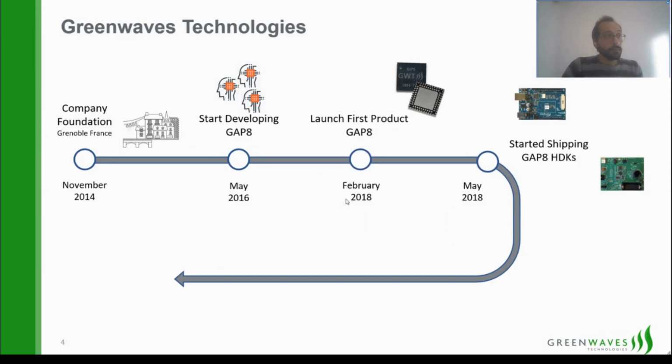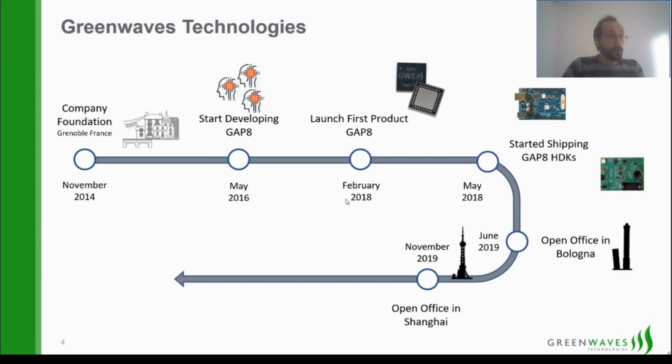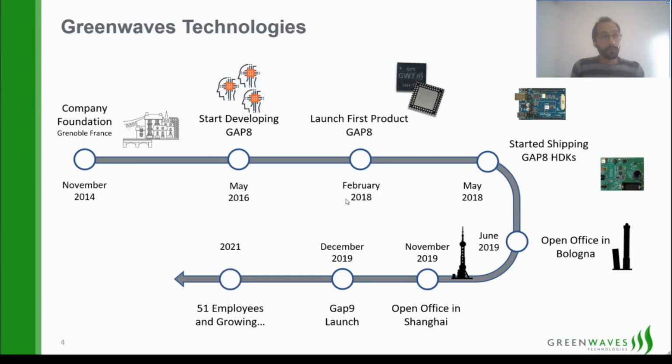We shipped some dev kits, and we also opened a couple of offices, one in Bologna, Italy, and the second one in Shanghai. And we launched a second product, which is called GAP9. And now we are around 51 employees in these three offices.